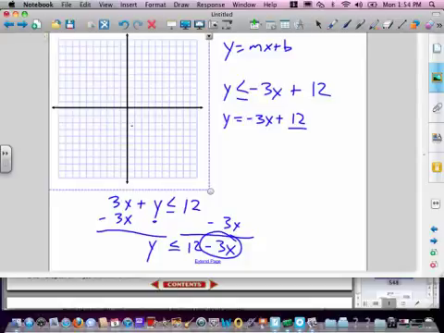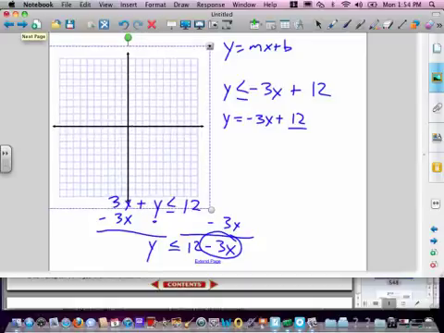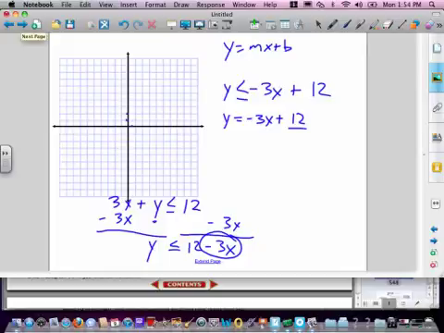Hang on a second. Okay, bring this down. Okay, let's think. 1, 2, 3, 4, 6, 7, 8, 9, 10. That's what I thought. 11, 12. So there's 12. Okay, so my y-intercept is right up there, and the slope is negative 3, so that means negative 3 over 1.